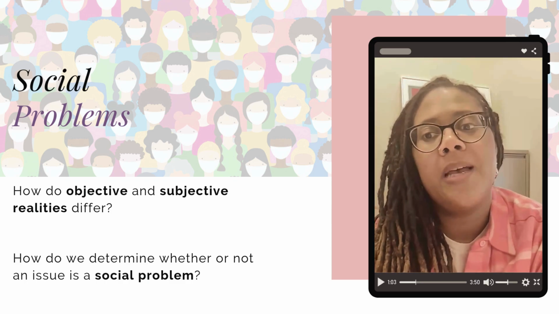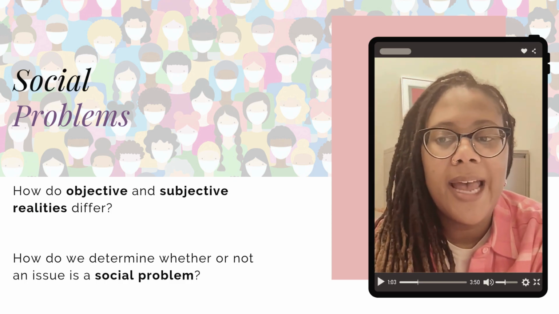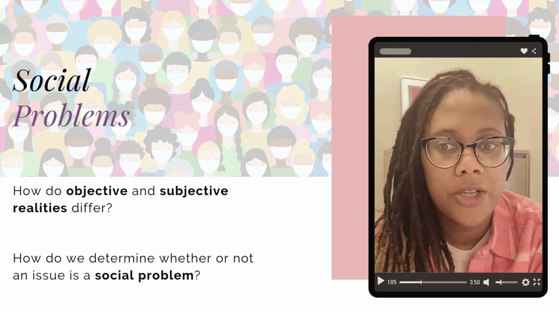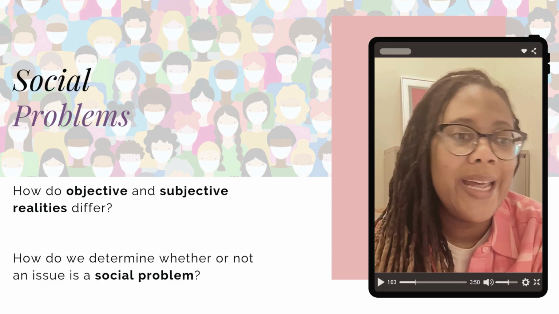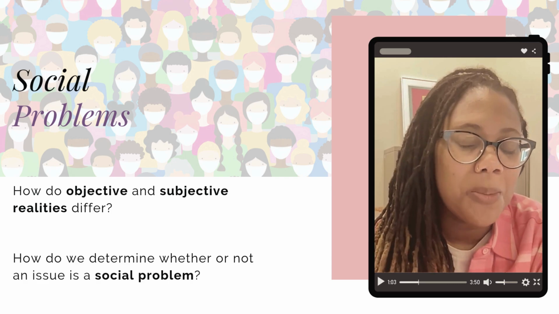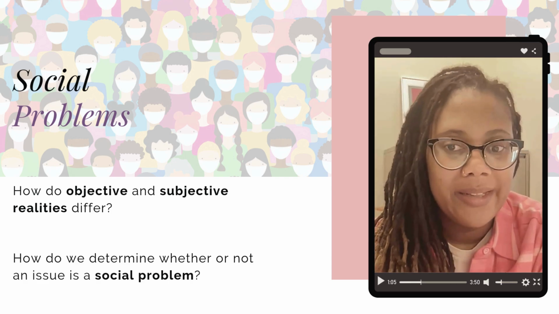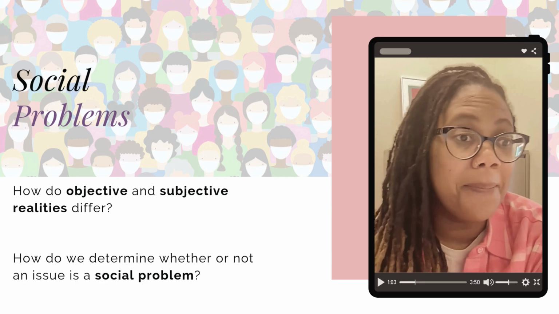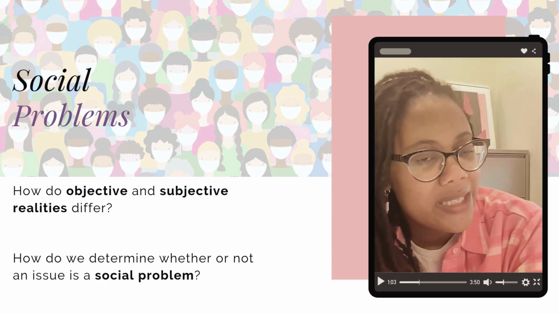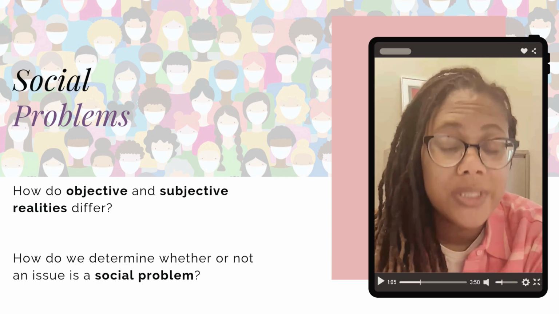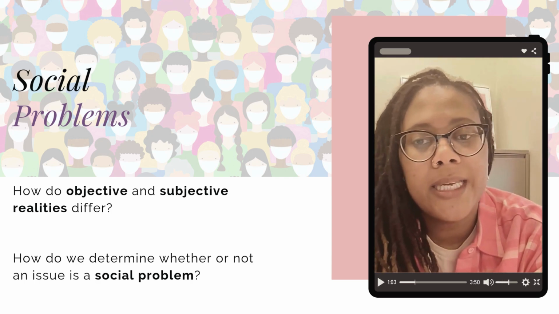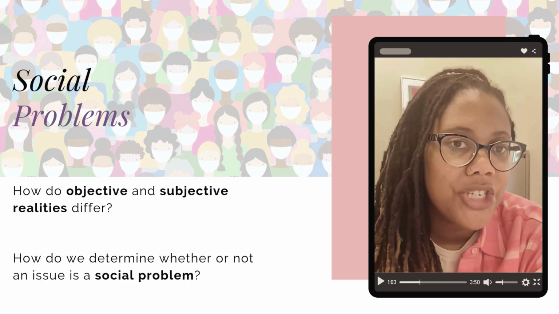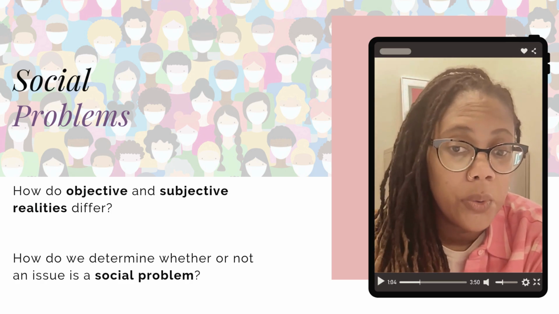So, when it comes to that objective reality, this is the actual existence of a particular condition, right? And when it comes to subjective reality, this is an attachment of meanings, right? And those meanings are influenced by our backgrounds, by our experiences, by our socialization and what we've been taught and by who, right?